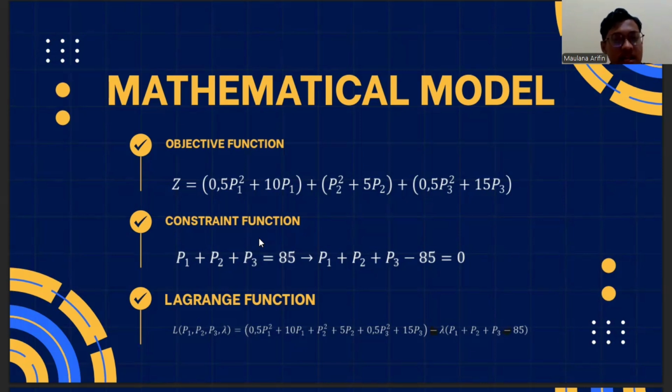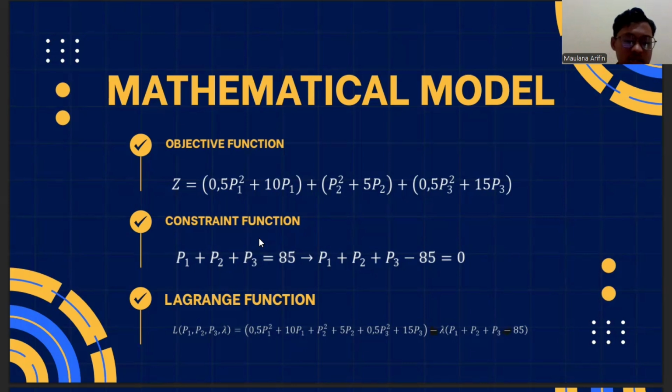And the constraint function is P1 plus P2 plus P3 equals 85. That means P1 plus P2 plus P3 minus 85 equals 0.